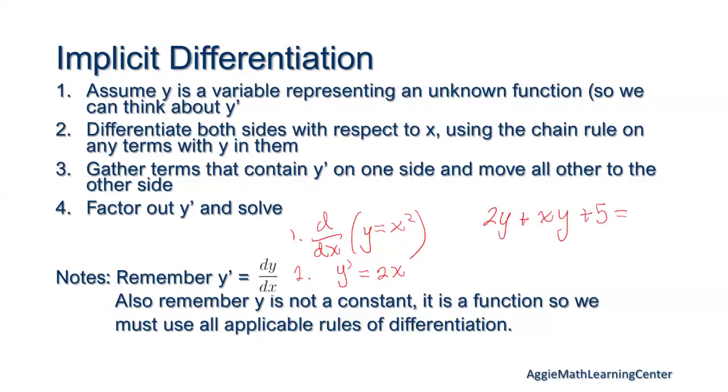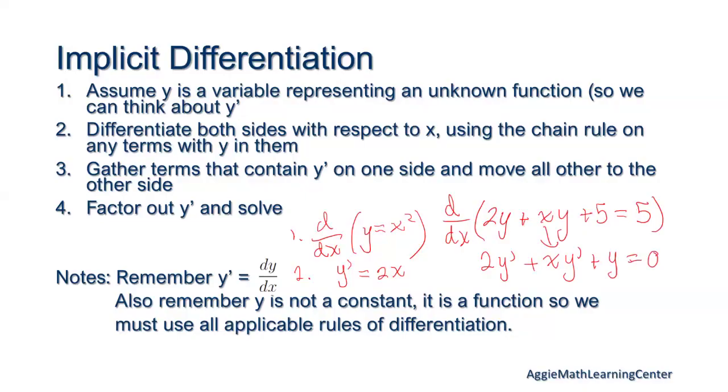If y was y of x, it's essentially applying the chain rule and you're multiplying by the derivative of the inside, which is y prime. It's a little complex. If you're worried about the test, just remember every time you take the derivative of a y, it's that derivative times y prime. We'll do some practice problems, so it'll work itself out.